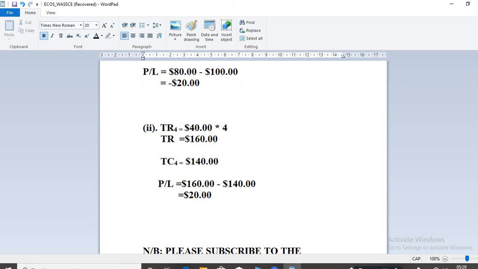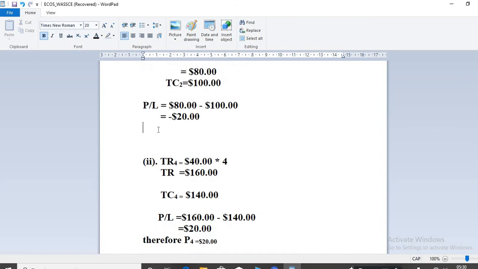So as I said, when you finish you have to summarize the answer. Therefore, profit for output 4 equals $20. So here too you also have to summarize it.